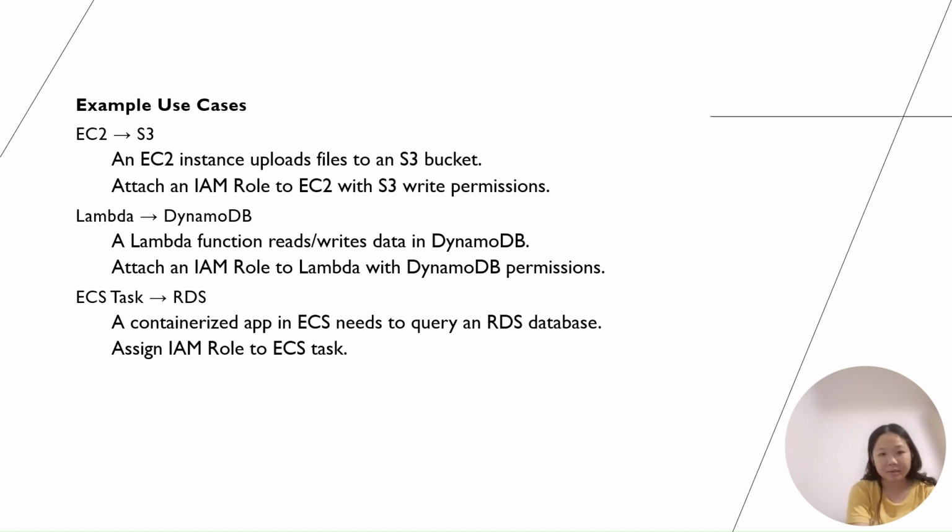Or Lambda to DynamoDB: a Lambda function reads and writes data in DynamoDB. Attach an IAM role to Lambda with DynamoDB permissions. Or ECS task to RDS: a containerized app in ECS needs to query an RDS database. Assign an IAM role to the ECS task.